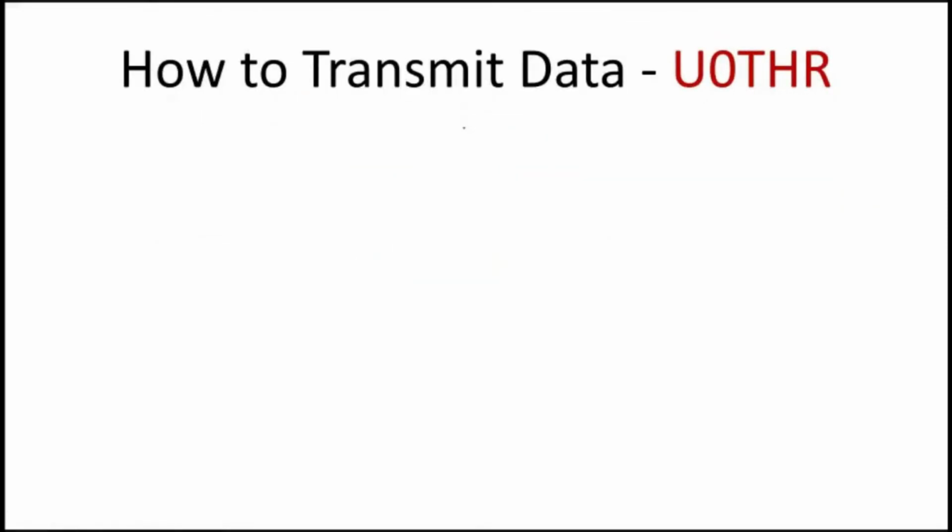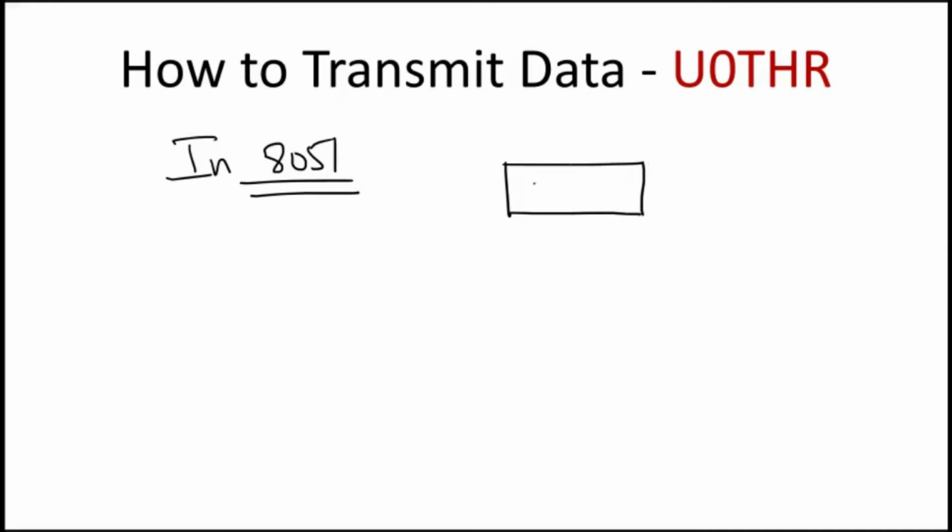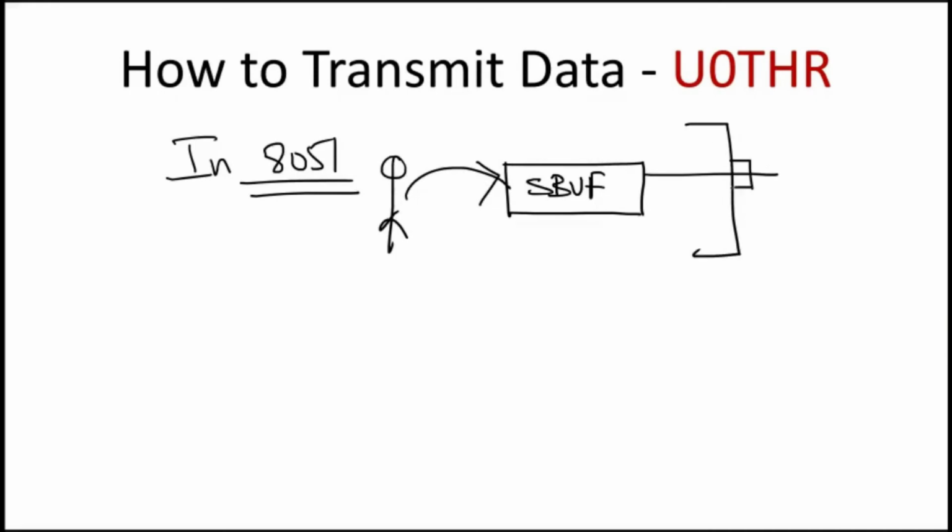Third thing, how to transmit data. In 8051, there is only one single register, namely serial buffer. Whenever you want to transmit data, the user puts the information into the serial buffer. The microcontroller takes the data and serially transmits it out via the transmit data pin.